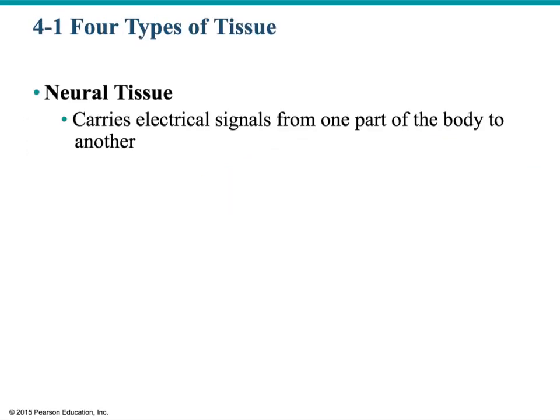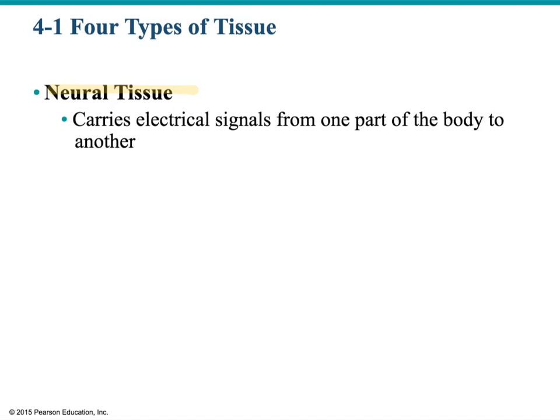And then the last type of tissue, neural tissue, which we said involves nerves. They function to carry electrical signals from one part of the body to another. And what is the center of the body that is responsible for sending these messages?